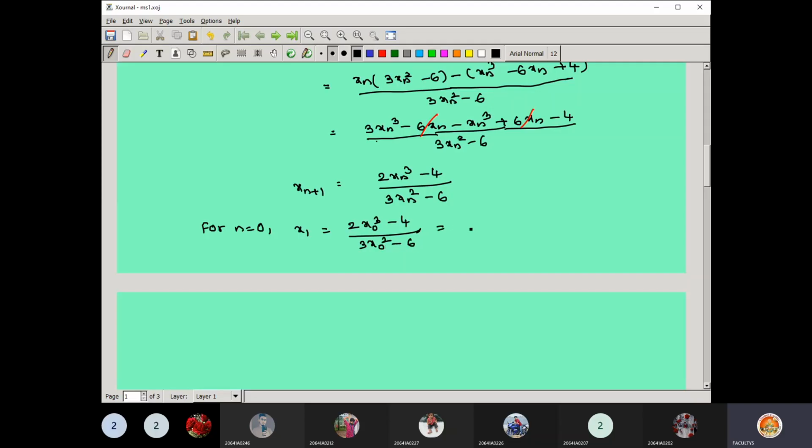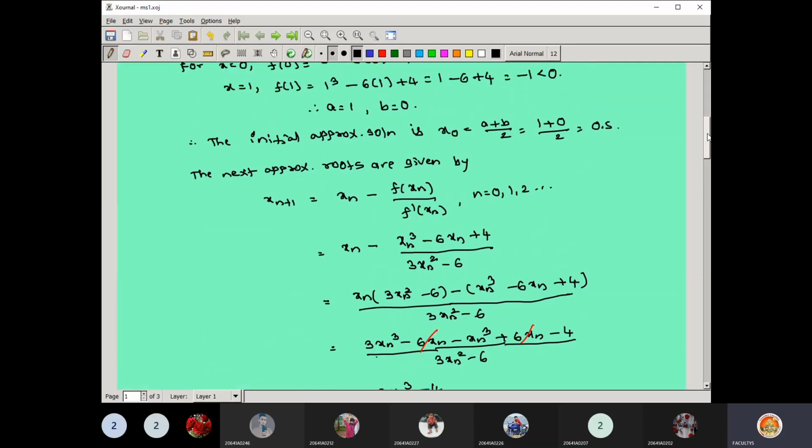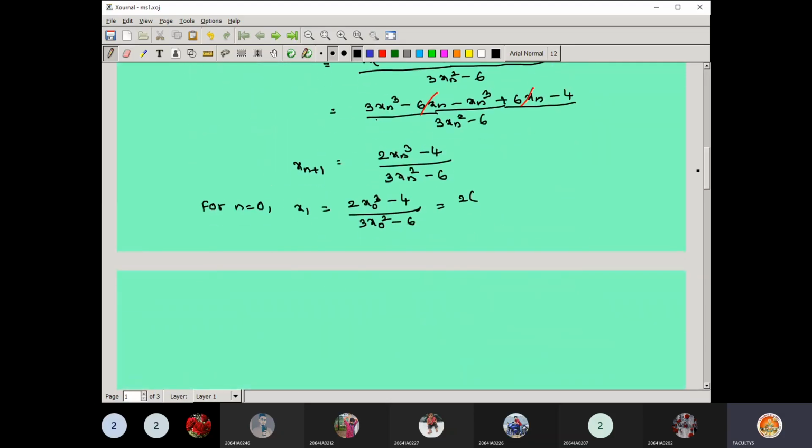Just I am substituting n equal to 0. x0 we already calculated, which is your starting solution, 0.5. So I substitute 0.5 cube minus 4 divided by 3 into 0.5 square minus 6. Now you can open your calculator.